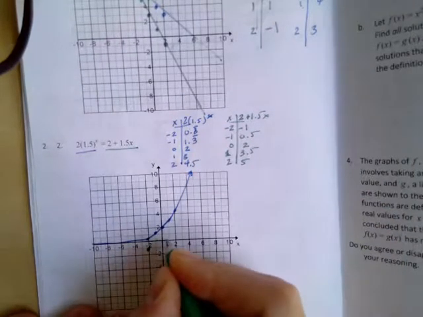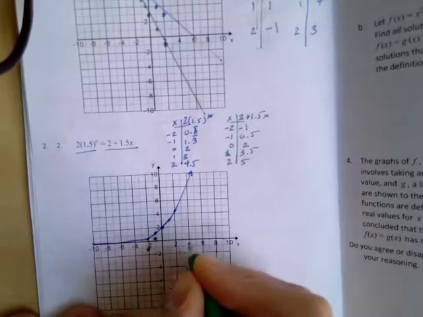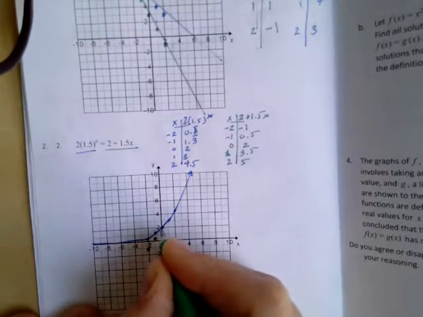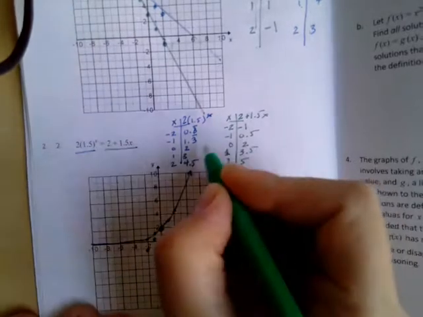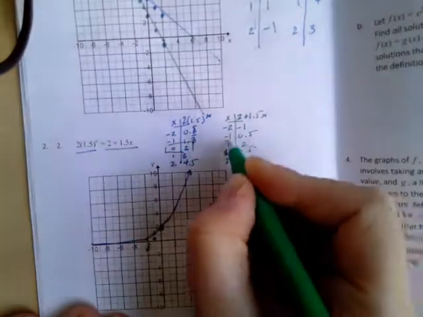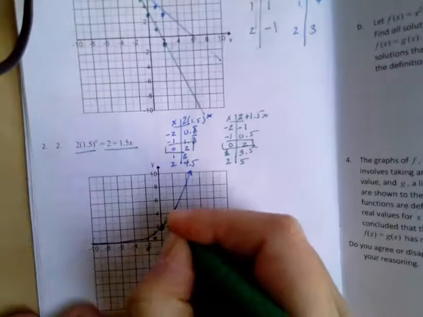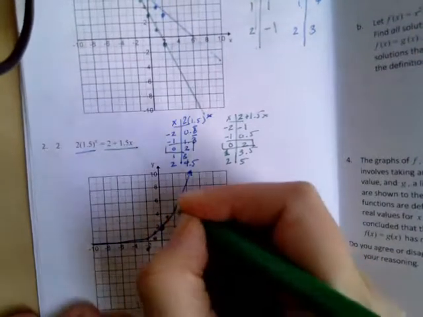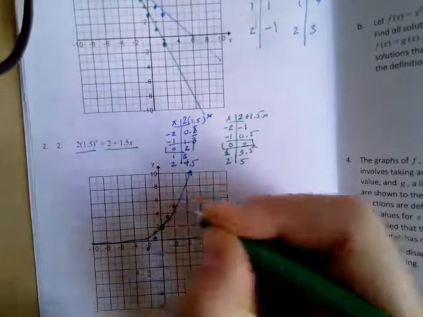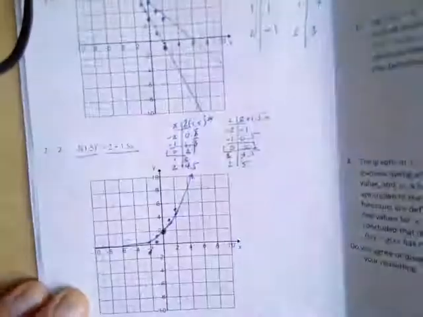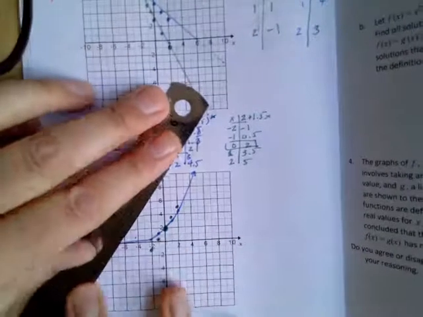Similarly here, I have negative 2, negative 1/2, 0, 2. Notice that this right here is in both lists, so we could already spot that as our solution. 1, 3.5, and then 2, 5. Using my handy dandy ruler, I can then draw a straight line.